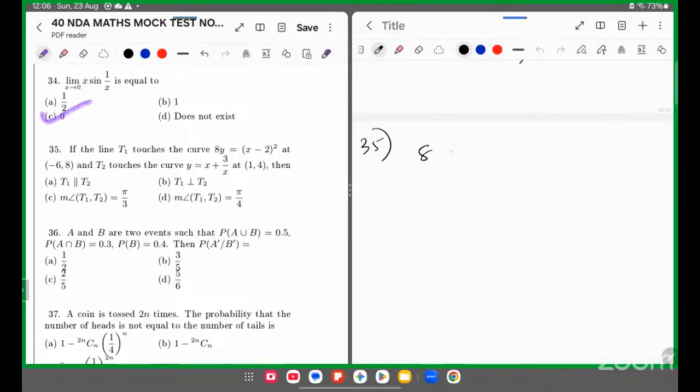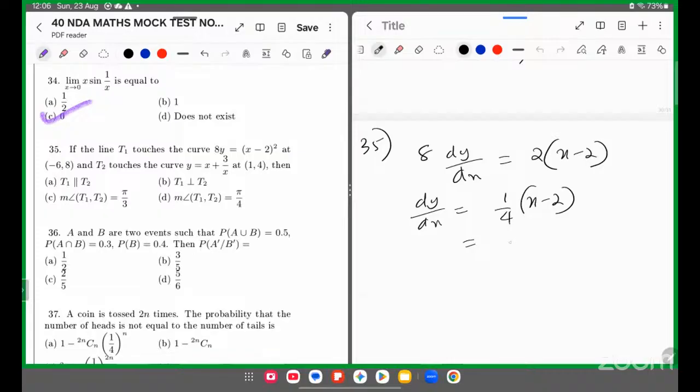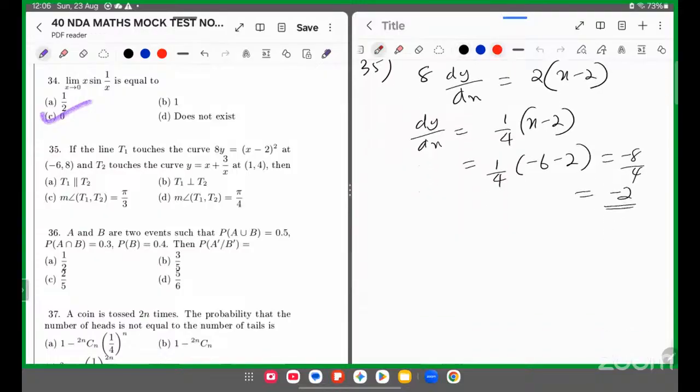So 2y into dy by dx is equal to 8. First, the slope is minus 2.